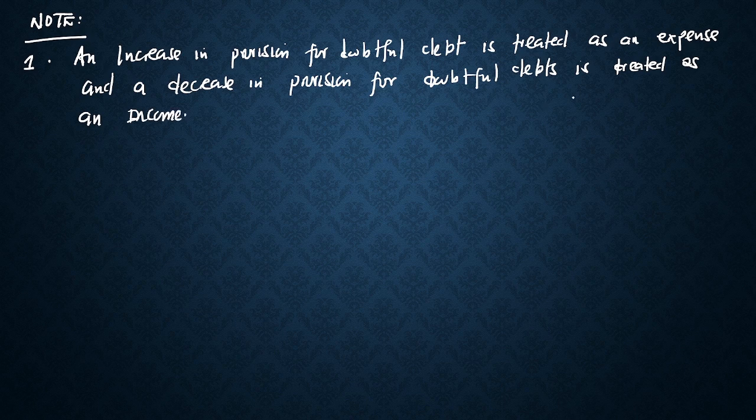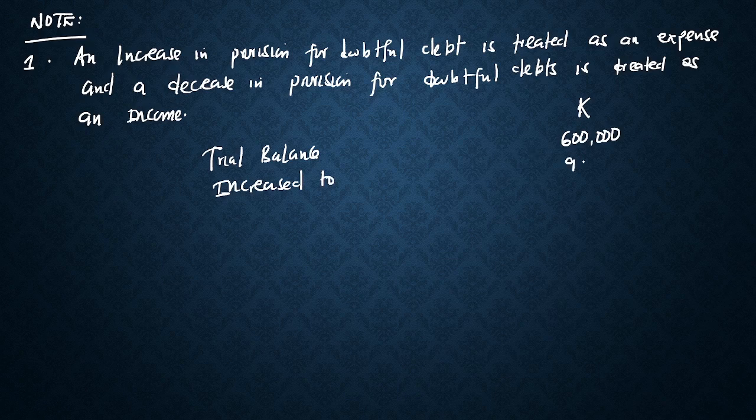Okay. So if you look at our trial balance, what was the provision for doubtful debts in the trial balance? We had the 600,000. Then it was increased to 980.